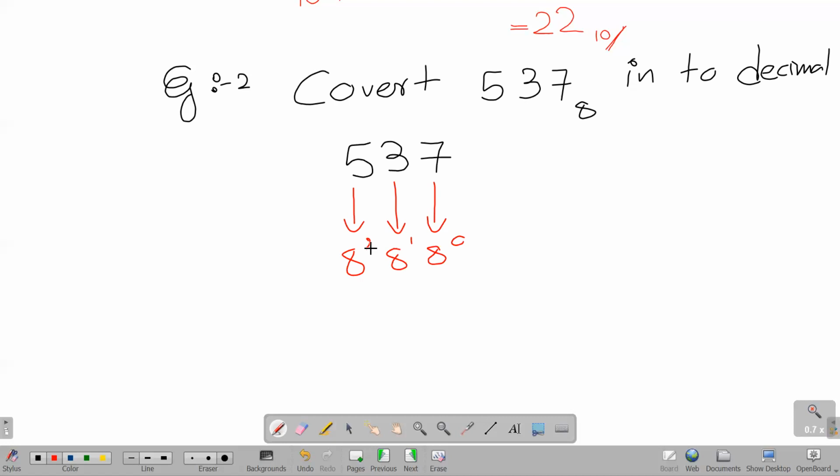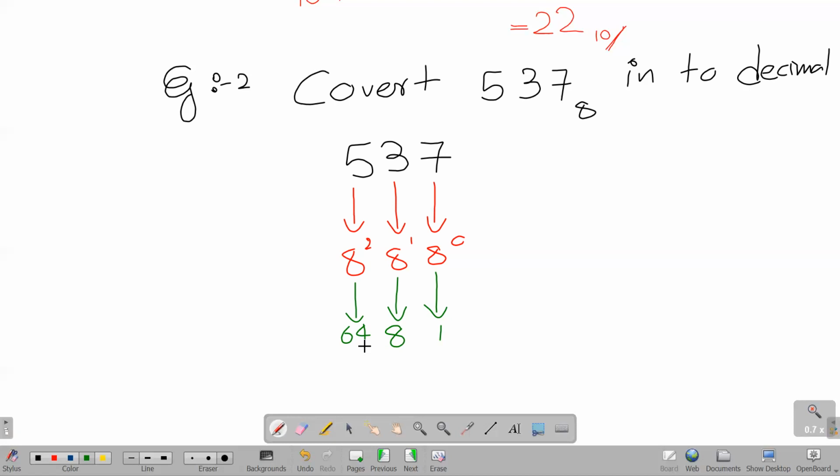That means this is 1, this is 8, and this is 64. You are not going to go beyond these, because 8 to the power 3 is a little bit bigger, which is 512. So for your knowledge, just remember 4 places of 8 to the powers: 1, 8, 64, and 512. That will be the maximum that you are going to get.